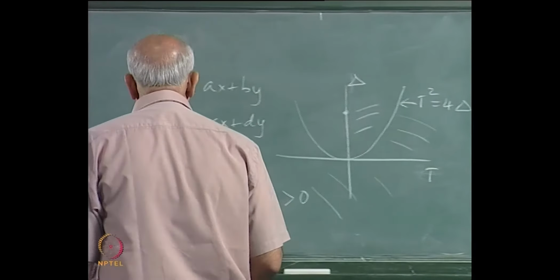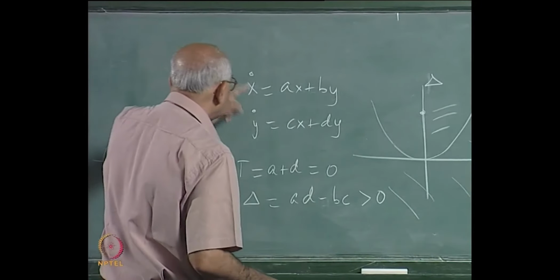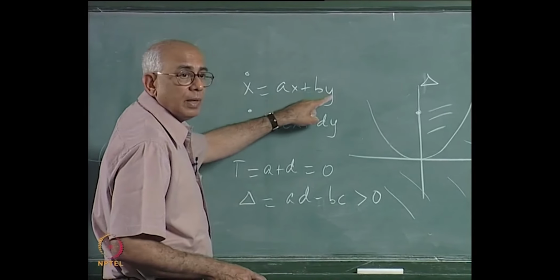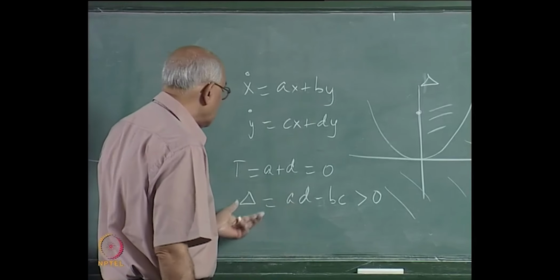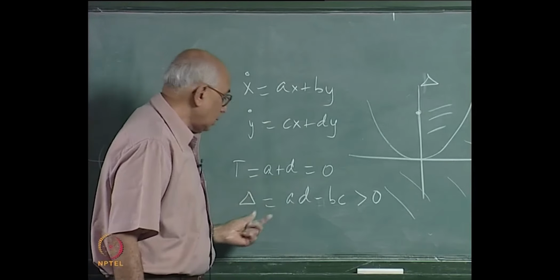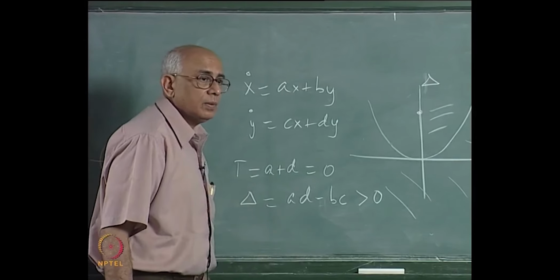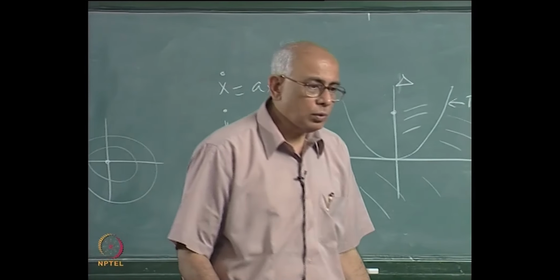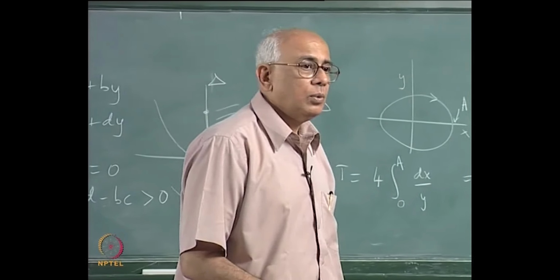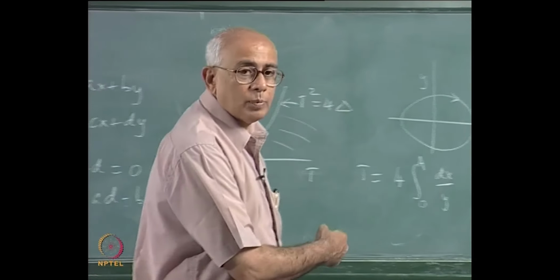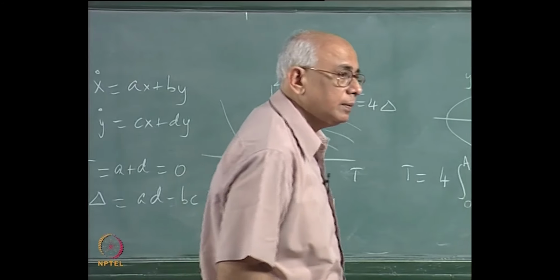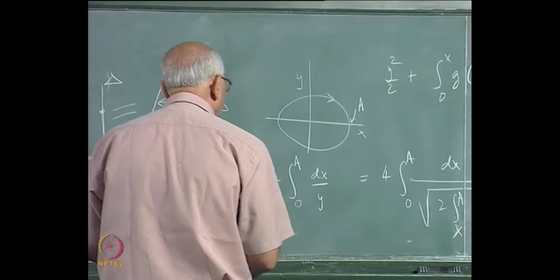And that is not hard to do, because dy over dx is cx plus dy divided by ax plus by, and you can in fact integrate the system out in the case when t is 0 and delta is positive, and you discover, applying the usual rule for conic sections, that you indeed have ellipses, which is what you expect. Okay.